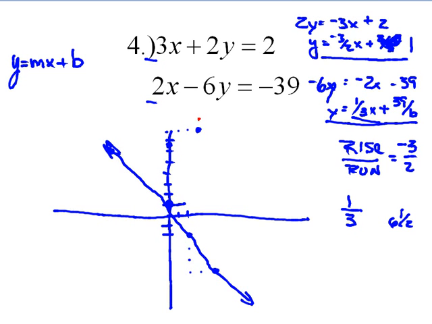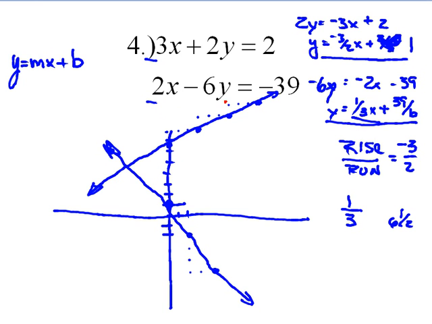Rise 1 and run 3. Rise 1, we'll put another one in here for good measure. 1, 2, 3. That is our second graph. Now let me see what I can do here. There we go.